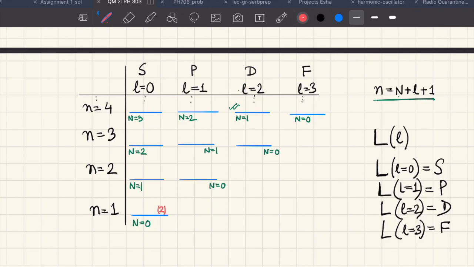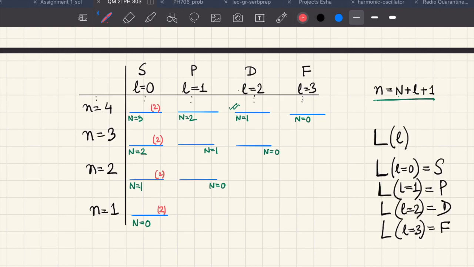So n is equal to 1, L is equal to 0, we have 2 as the number of degeneracy, because 2n square is the degeneracy. Similarly, L is equal to 1 and n is equal to 2. Here we will have 6 different states, because L is equal to 1 means we have m equal to -1, m equal to 0, and m equal to +1.